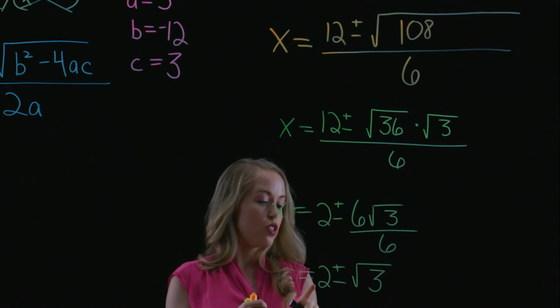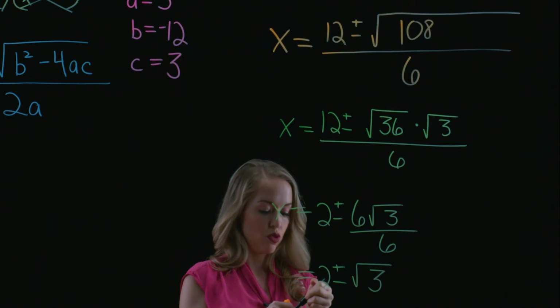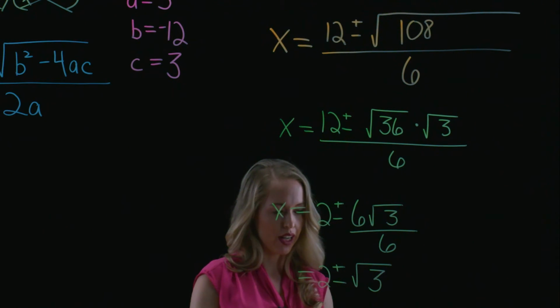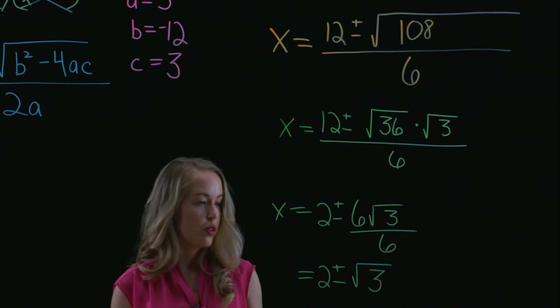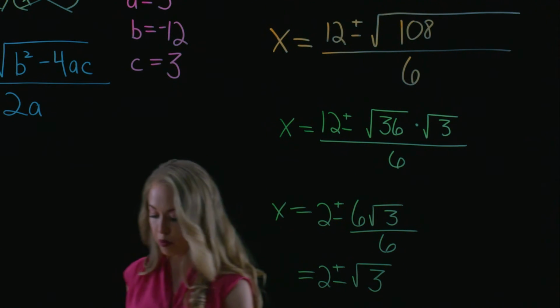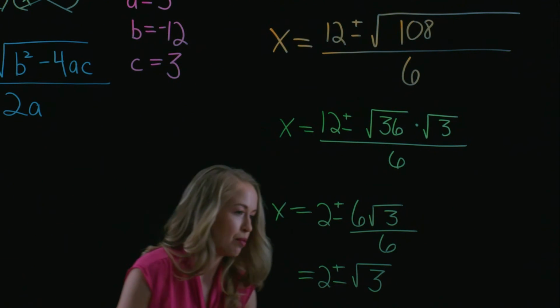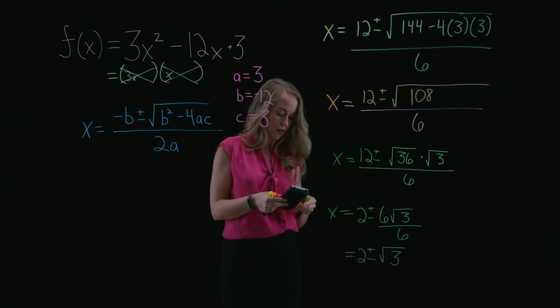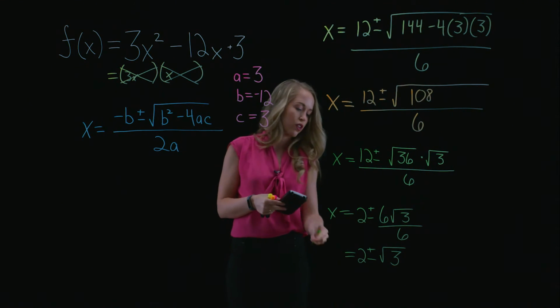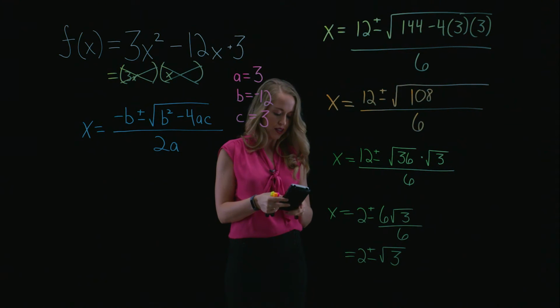So these are my zeros then. We've got 2 plus root 3 and 2 minus root 3. Now at this point I would plug those into a calculator so that we have both answers, and that will help us when we graph it and want to compare what we found with what the graphing utility gives us.